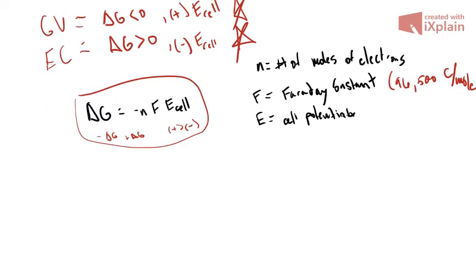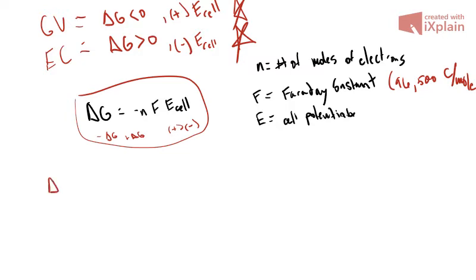Even further, we can relate this equation back to our equation for equilibrium. Now, the delta G for these reactions are going to be equal, right? The delta G doesn't change whether or not you're looking at the cell potential or the equilibrium constant.